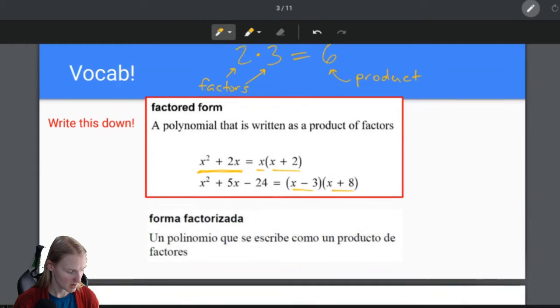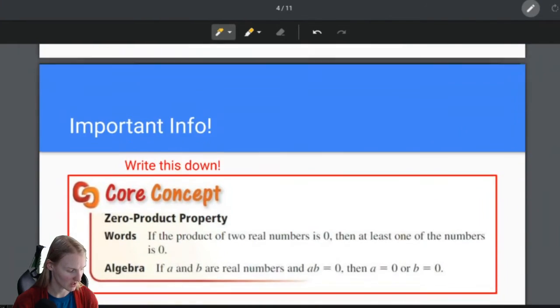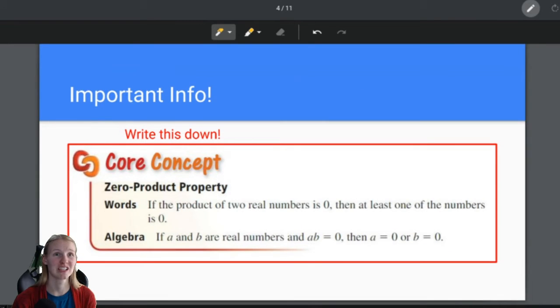Okay. We have another important thing to write down. This is the zero product property. I would encourage you to pause the video, write this down, and then unpause it to hear the explanation.